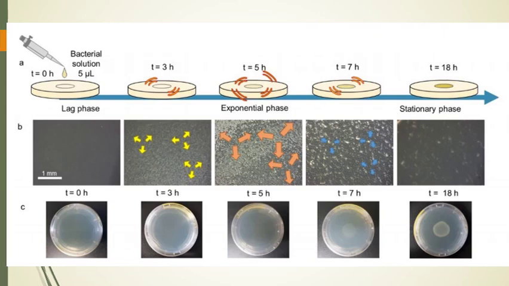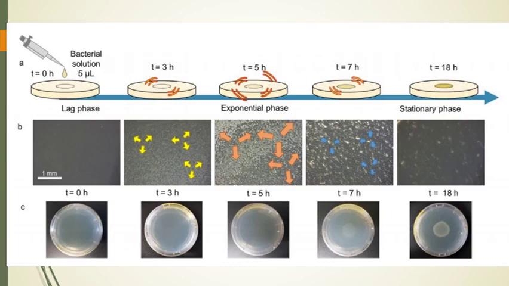In line B, you can see the microscopic pictures of the bacterial samples. The bacterial area expands and fully covers the surface around the exponential phase and forms denser colonies until the stationary phase is reached.